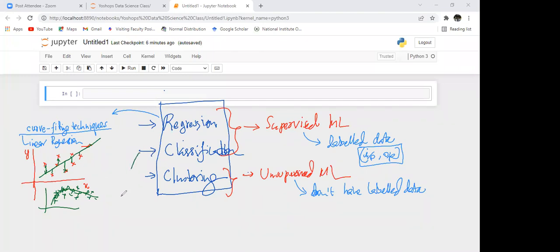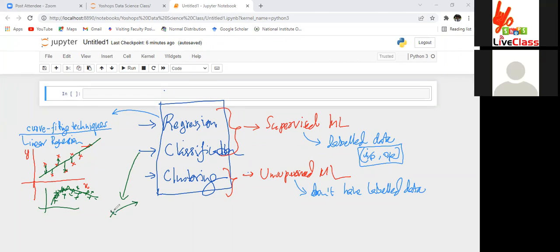When we say classification, it is again supervised machine learning, right? Meaning you have labeled data, you know input output pairs. But in classification, the target is to classify the data. You have to identify the data and give it a proper label.